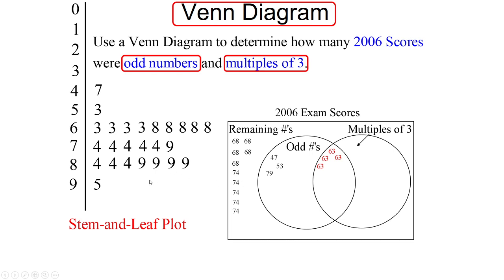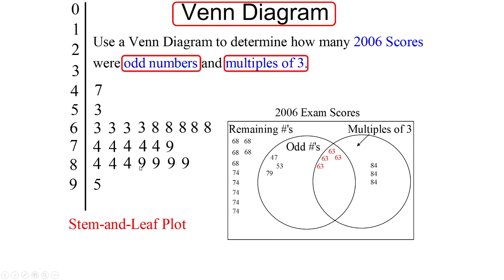All right, now 84s. Well, 84 is not odd, all right, but isn't 8 plus 4 12, and doesn't 3 go into 12? So 3 would go into 84. So 84 is a multiple of 3, but it is not odd, so it would have to go out here somewhere, and I have 1, 2, 3 of them.